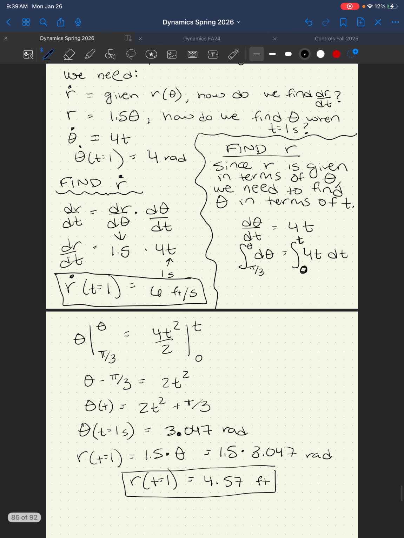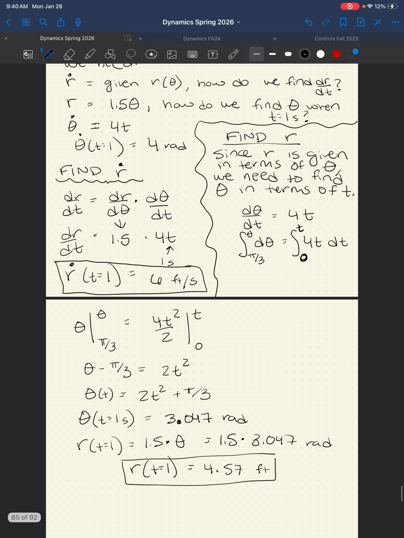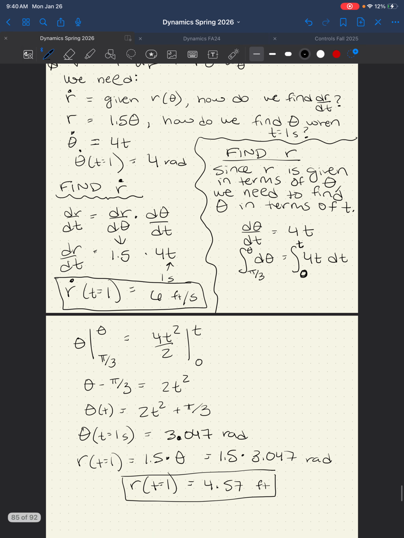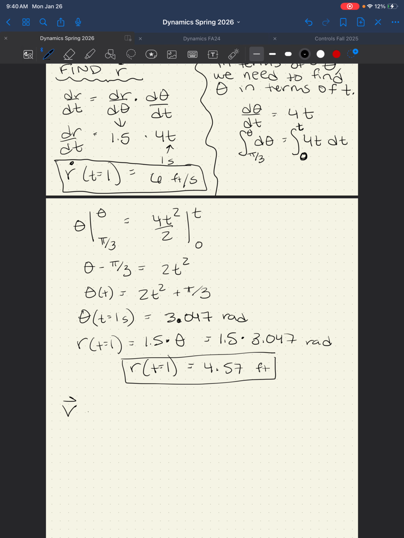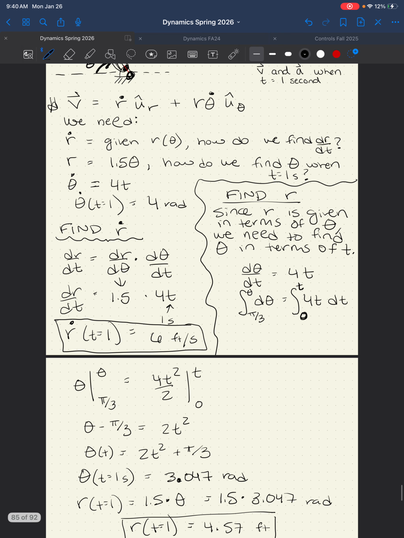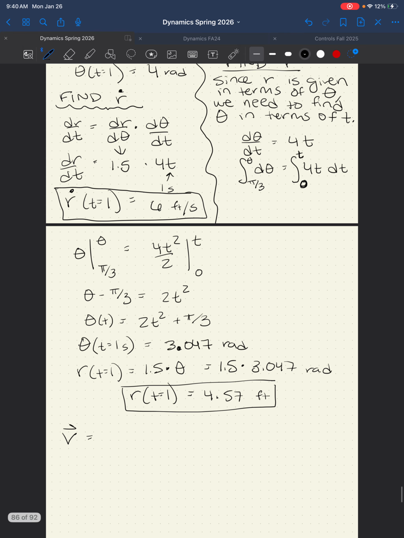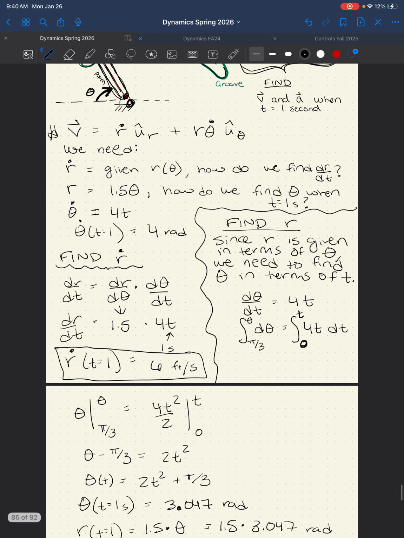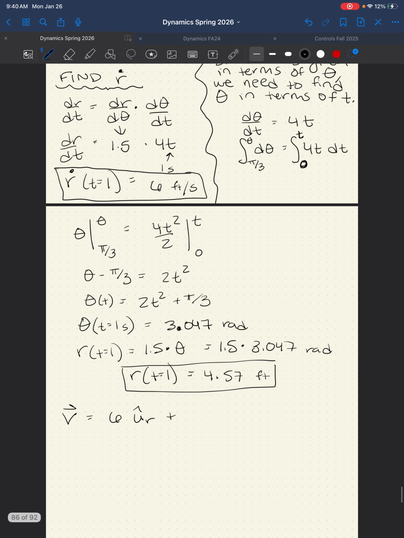Okay, and we had already found theta dot, so now we just need to plug and chug into my original velocity expression. So velocity is equal to r dot u hat r. R dot is 6, plus r theta dot u hat theta. So r is 4.57.